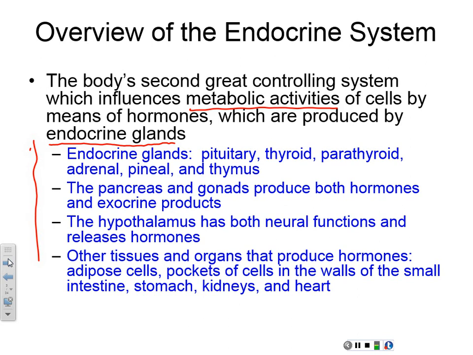So some of them are in the head, in the brain, like the pituitary gland, the pineal body, and the hypothalamus. Okay? The hypothalamus controls the pituitary. It controls it in two ways. We'll talk more about it in endocrine system too. It can send neural impulses to the pituitary, all right, to cause it to release some hormones.